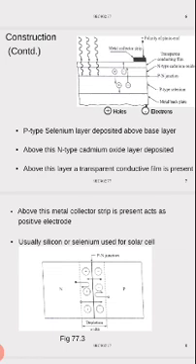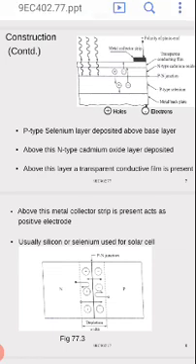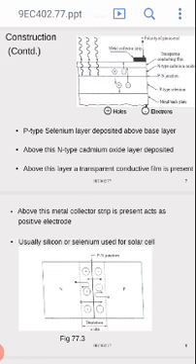The depletion layer is shown at the junction having positive and negative ions.